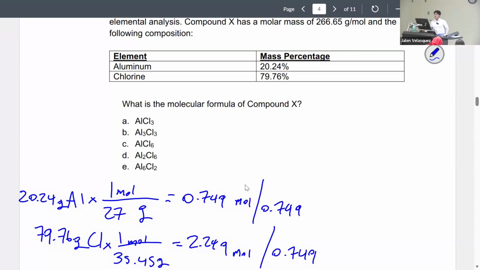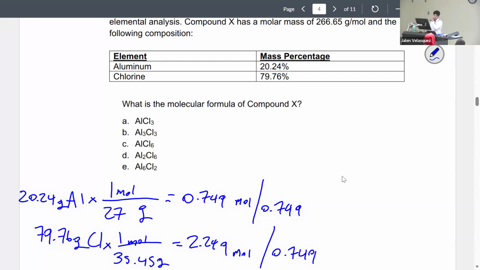Once you divide here by the smallest amount of moles, what is that giving you? It's going to give you the simplest ratio of the atoms, and I'm going to explain what I mean there by ratio in a minute once we finish this problem.